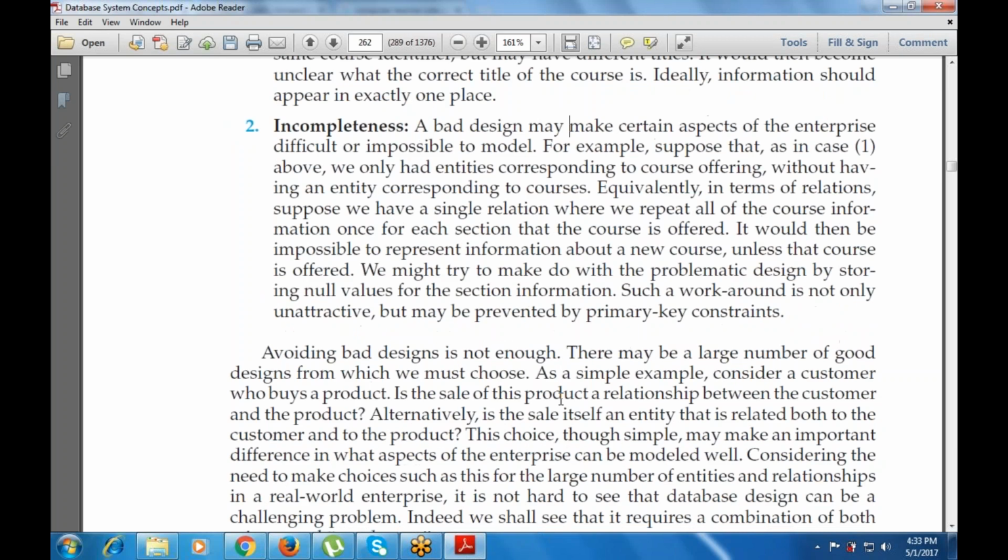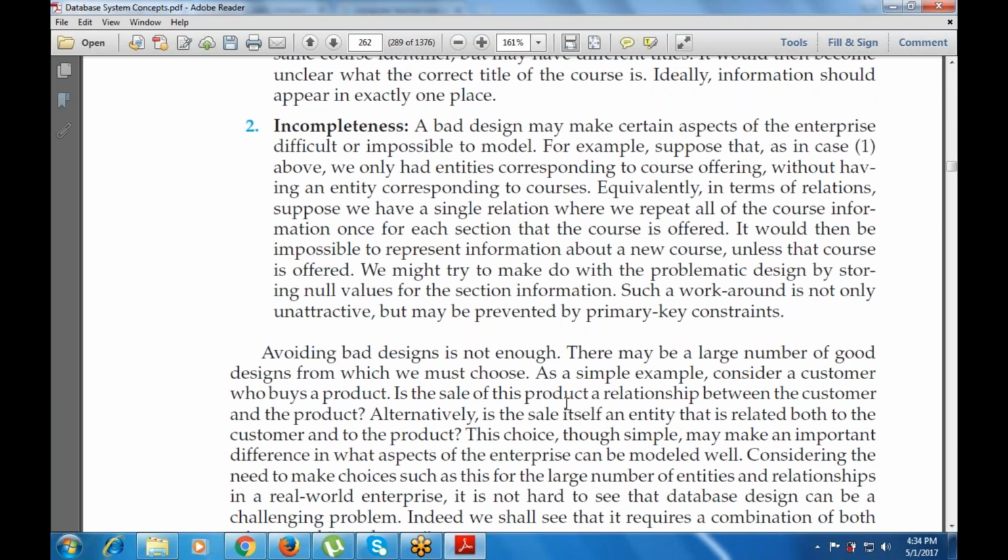As an example, consider a customer who buys a product. It is a sale of the product, that is a relationship between the customer and the product. Alternatively, the sale itself can be an entity that is related both to the customer and the product.